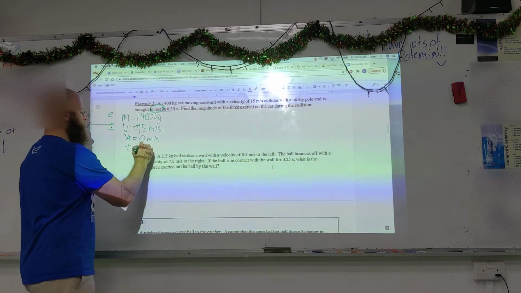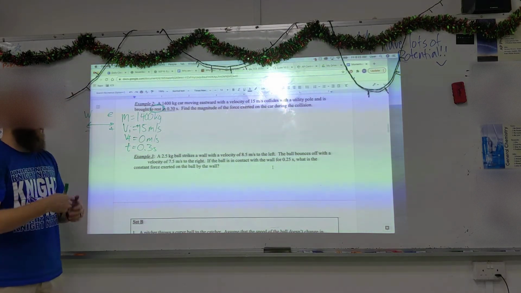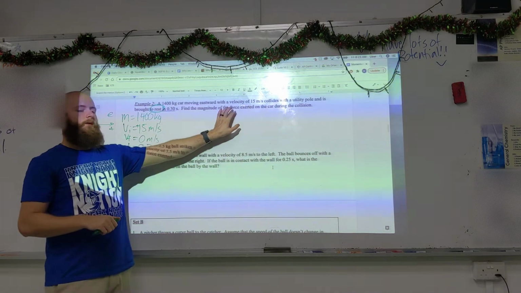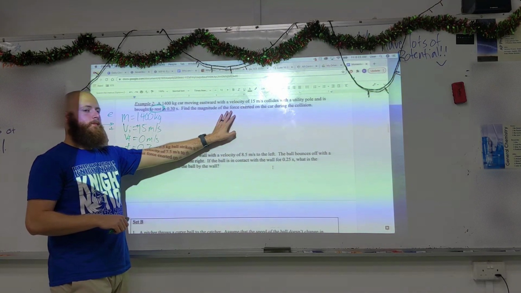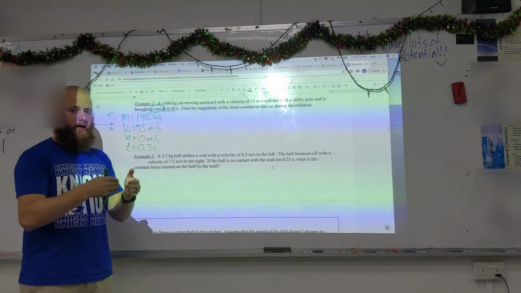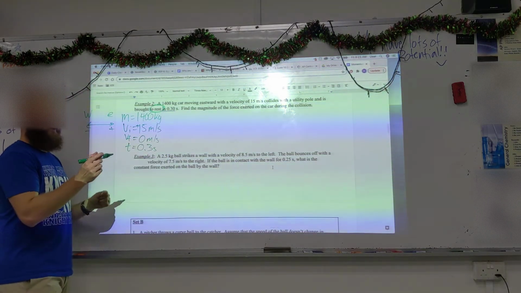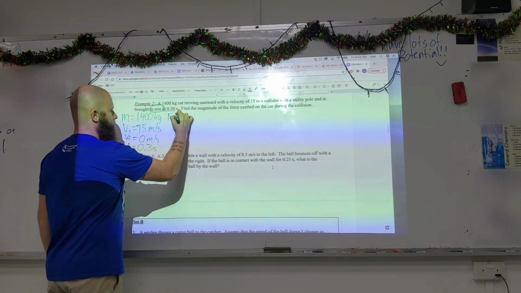So t equals 0.3 seconds. So it didn't take a very long time, so a very short collision. Okay? If it's a short collision, what do you expect about the size of this force? It should be a pretty large force, right? The shorter the time, the bigger the force. Okay? So we got this, and what am I trying to find? I gotta find that force. F is my question mark.